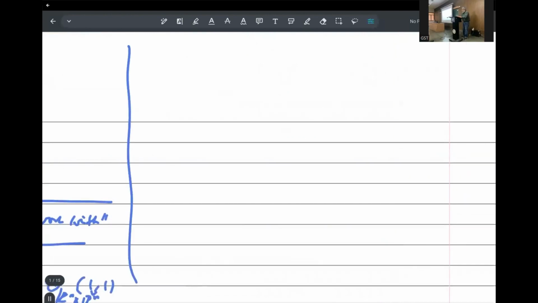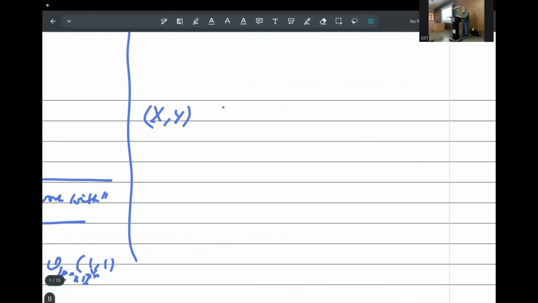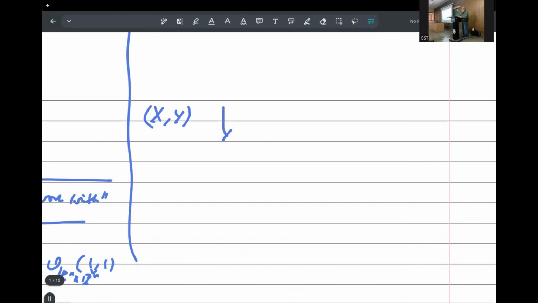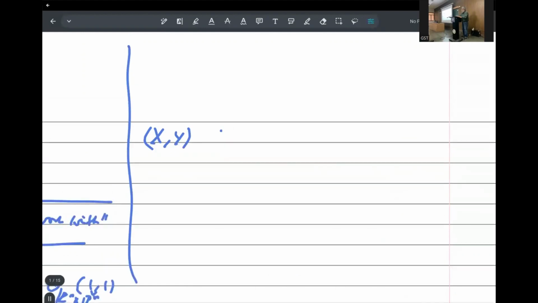Okay, so next we have to look at the situation where we are looking at something like x comma y, where y is a subvariety of x, but need not necessarily be closed. We are not assuming y is closed.